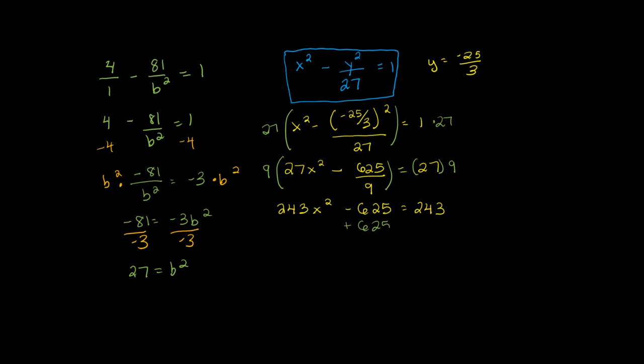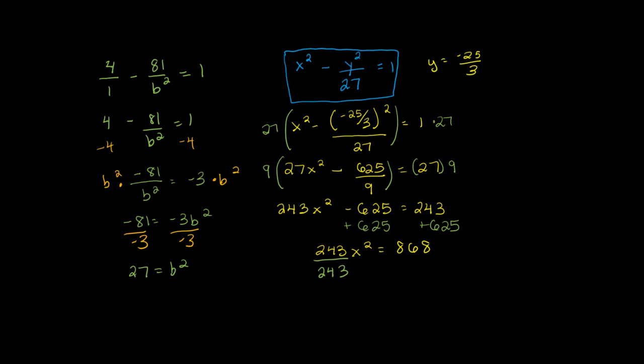So I'm going to add 625 to both sides. 243x squared equals 868. Now I have a feeling that this is not going to come out nicely.